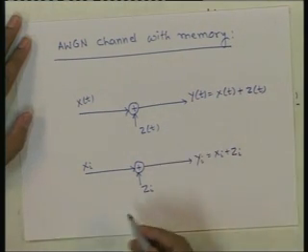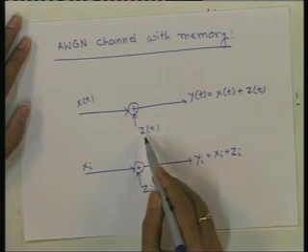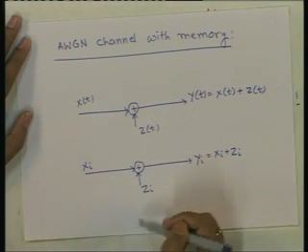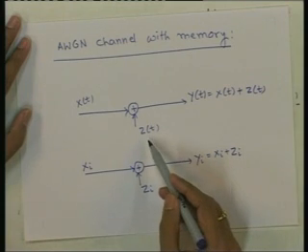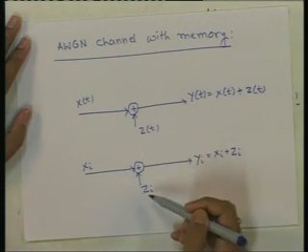In both these cases previously we have considered z(t) or z_i to be white. Now, the generalization is that z(t) and z_i need not be white.